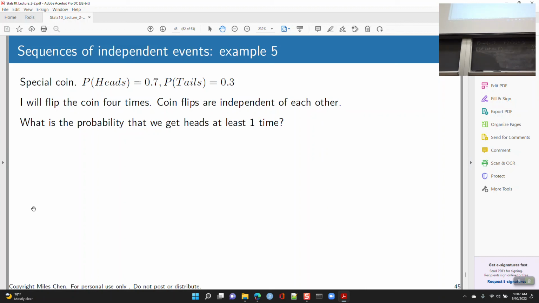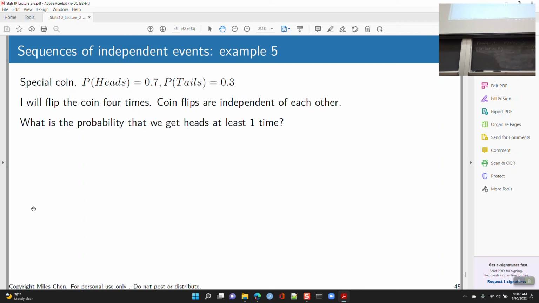So heads on the first and everything else is tails, heads on the second, heads on the third, heads on the fourth, everything else tails. I don't feel like listing these all off. We can get 0 heads, 1 head, 2 heads, 3 heads, and 4 heads.